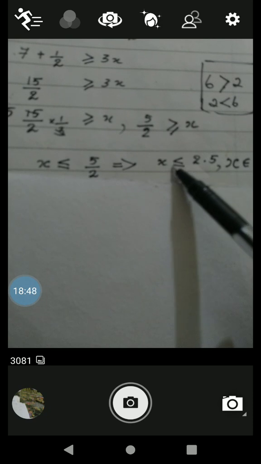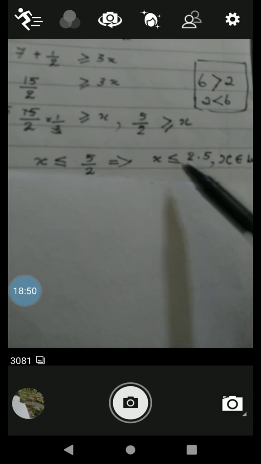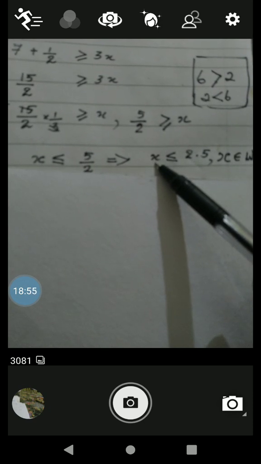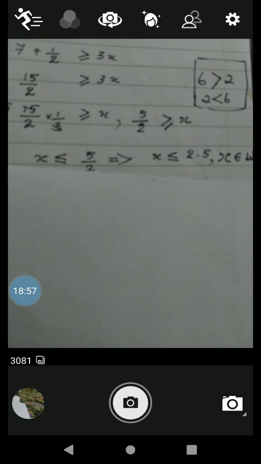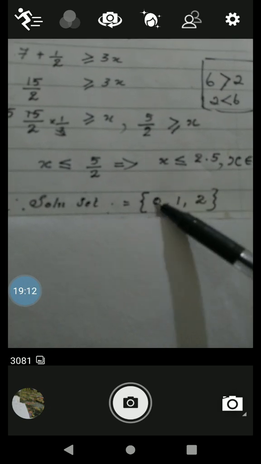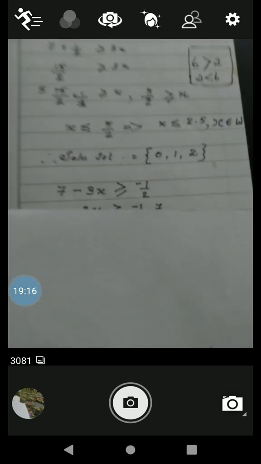What's the reason? 2.5 is not a whole number. So x is less than or equal to 2.5. In this case, which are the numbers? 0, 1 and only up to 2, because 2.5 is a fraction. It is a real number. Okay, the values of x are 0, 1 and 2. So this is the solution set.